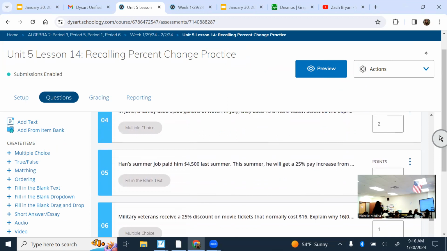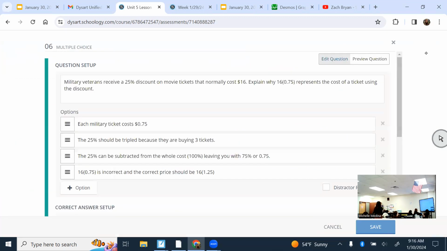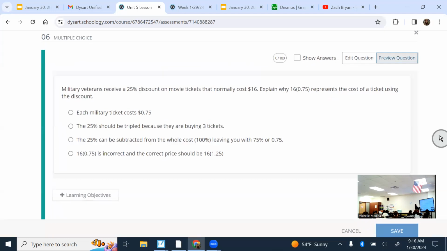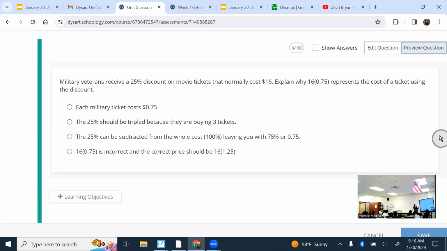So number 6 about military veterans. Military veterans receive a 25% discount on movie tickets that normally cost $16. You're going to explain why 16 times 0.75 represents the cost of the ticket using the discount.